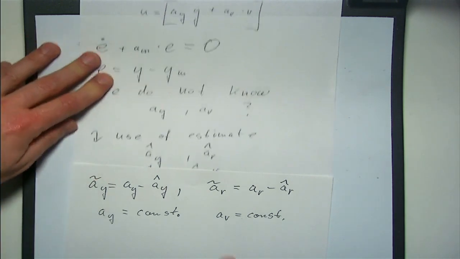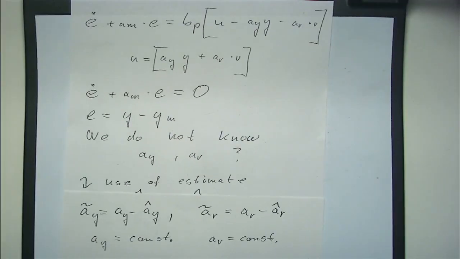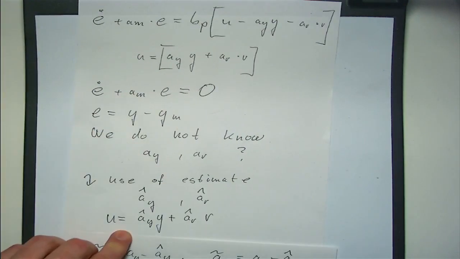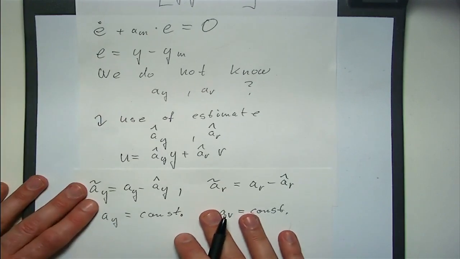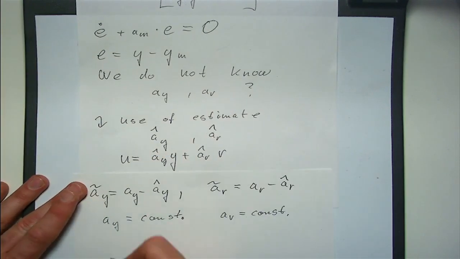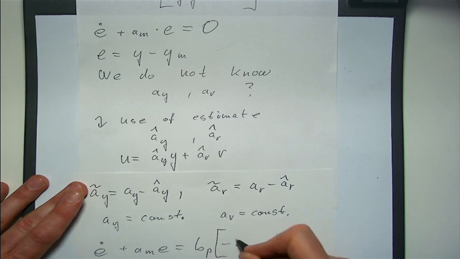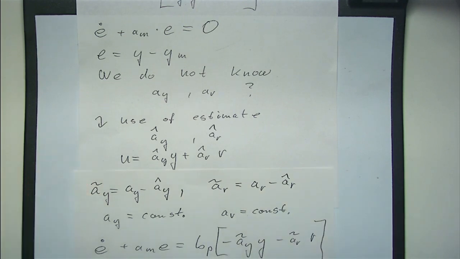So, we can see we have this one there. We have this new controller there, and we have now these errors. Hence, we can substitute our controller, which gives E dot plus AM E equals BP times minus AY tilde times Y minus AR tilde times R. Okay.